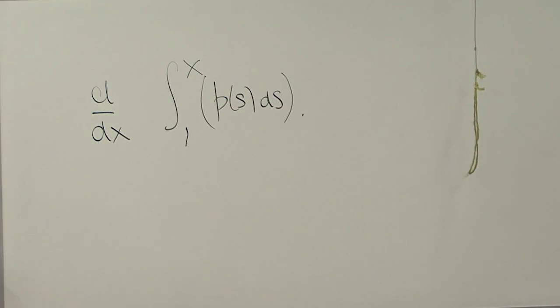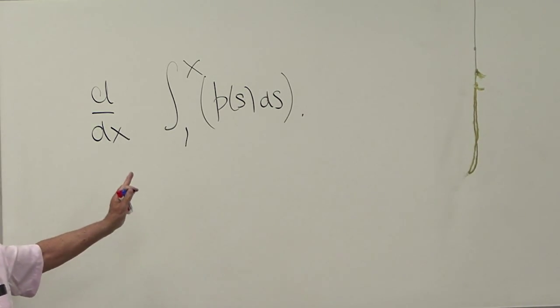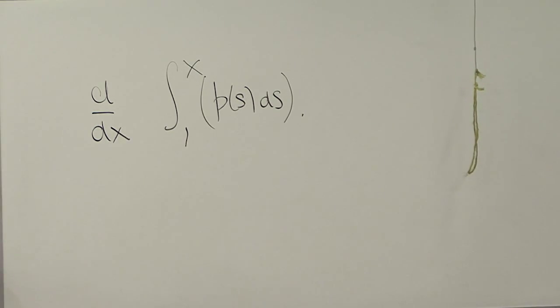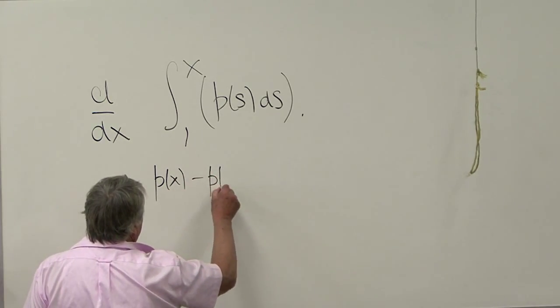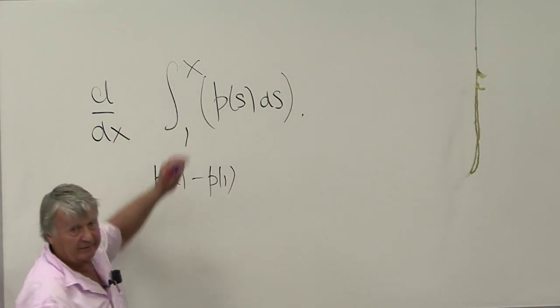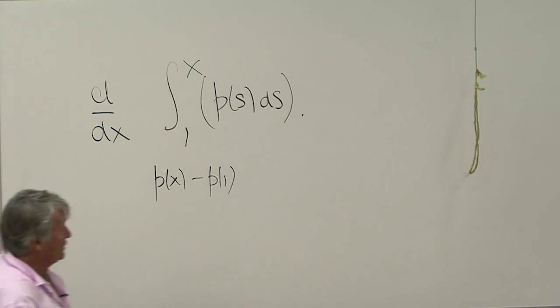Okay? Now, I can't remember exactly what it is. A lot of you kind of wrote down it's this. I mean, this was already in an exponential, so we won't worry about the exponential part at the moment. You wrote down this is p(x) minus p(1). Okay, because the 1 here and the thing here. That's not right. Okay? Let's take a look at what we mean by this.